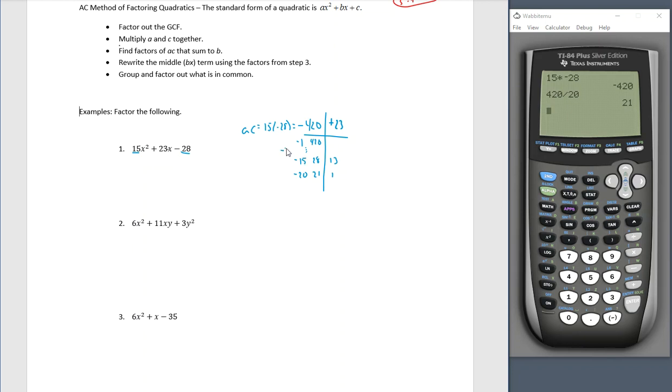So it looks like I need something in here. Well, I know that negative 10 and 42 will give me a result of 32, so I'm not quite there. It has to be in between 10 and 15. So I'm really hoping that negative 12 goes into 420. And it does, 35 times.